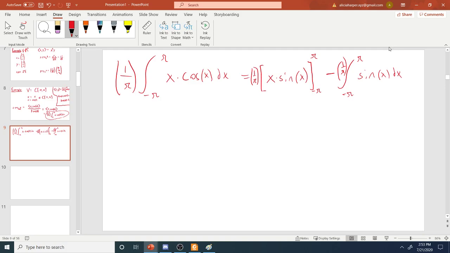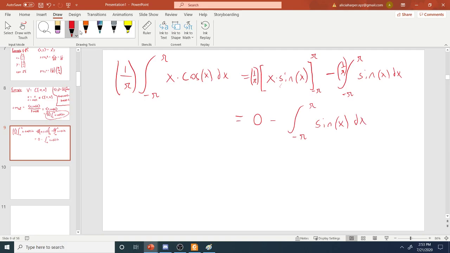So sine of pi is 0, sine of negative pi is 0, so this first term ends up being 0, and then minus the integral from negative pi to pi of sine of x dx.